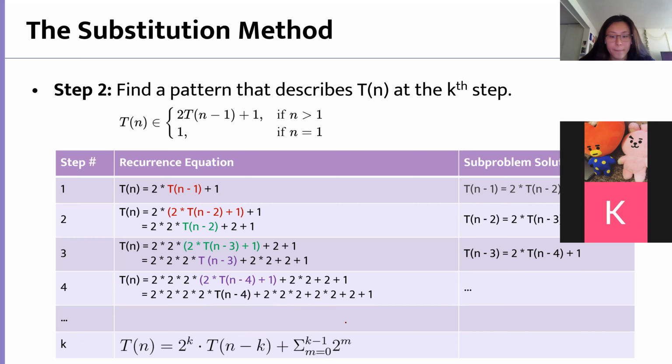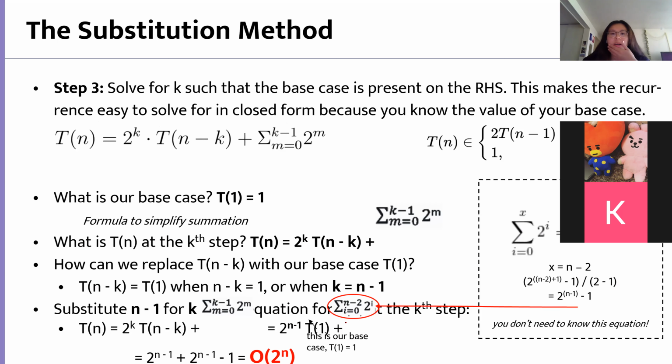Yep. And so once we have this generalized equation in terms of k, you pretty much want to solve it for, this slide is super messy. Anyway, we want to solve for t of n minus k, since we can plug in our base case on the right.